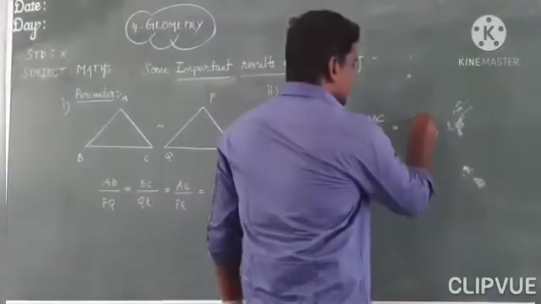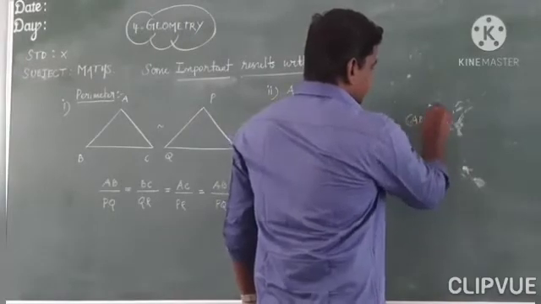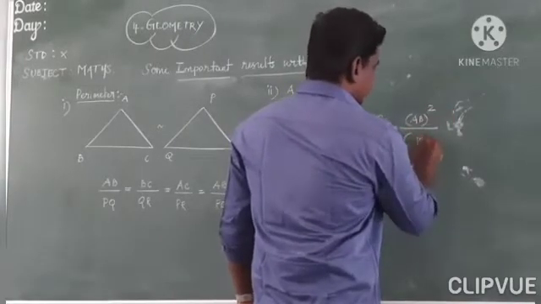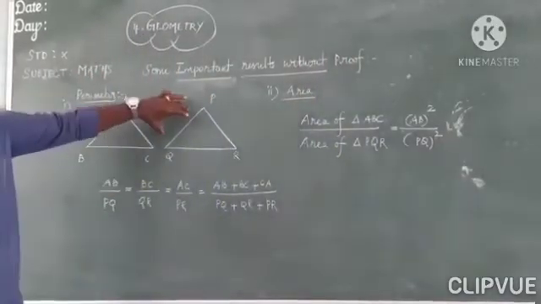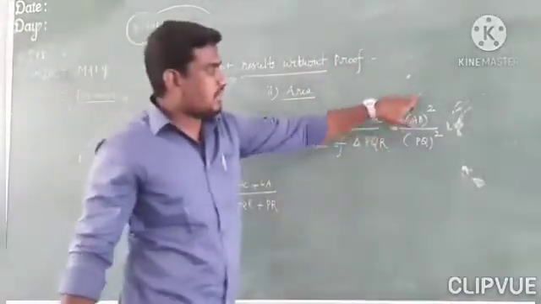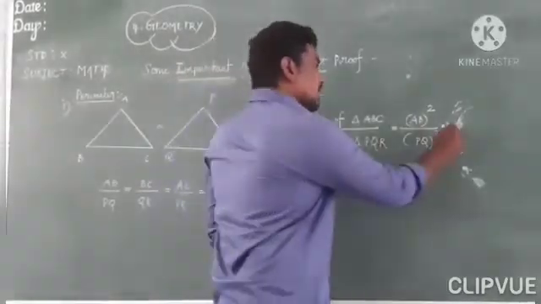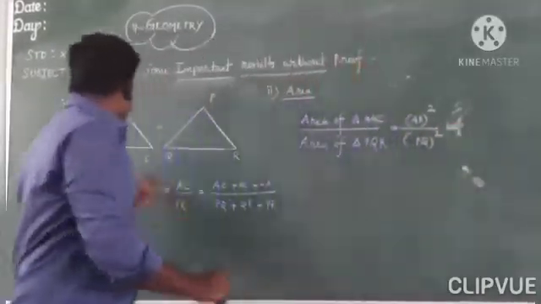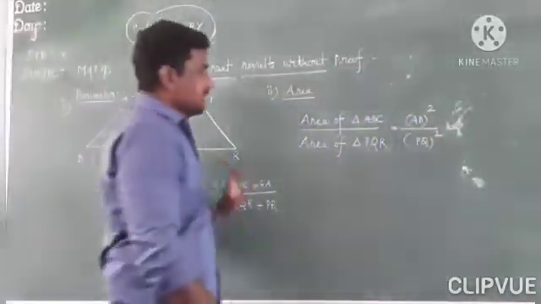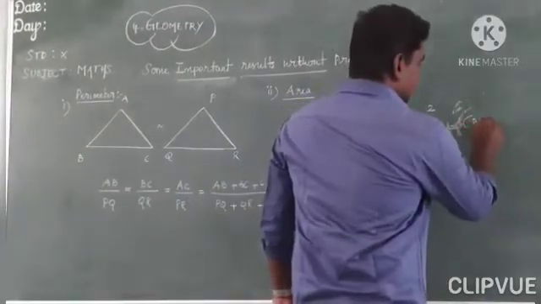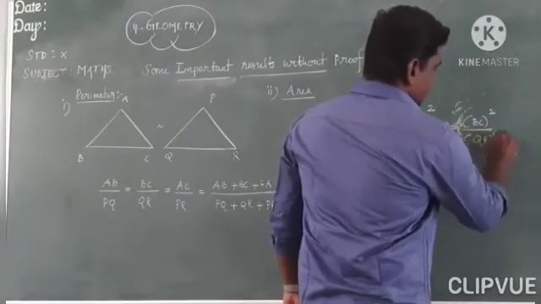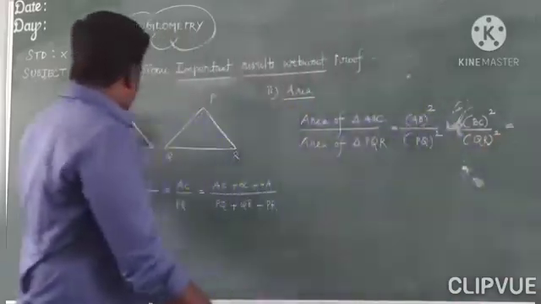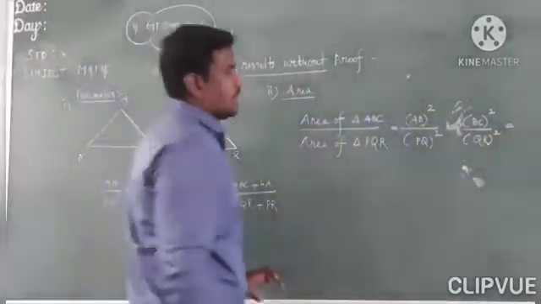So AB square by PQ square. This AB corresponds to PQ. So AB square divided by PQ square is equal to the second one, BC square by QR square, is equal to the third one, AC square divided by PR square.